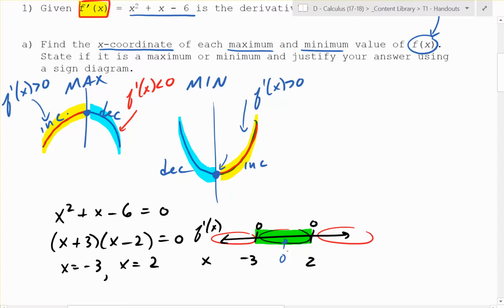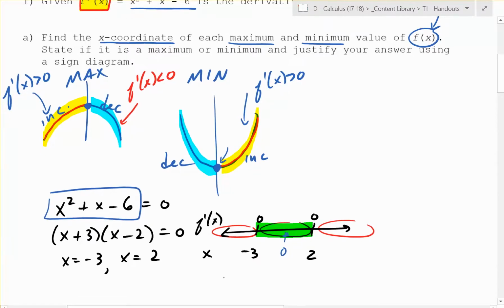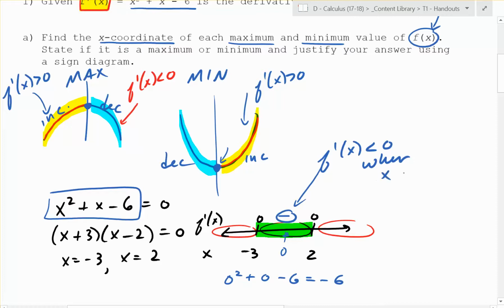If you can test 0, test 0. So plug 0 into the original equation: 0 squared plus 0 minus 6 is equal to negative 6. So this whole area has to be negative. Meaning f prime of x is less than 0 when x is between negative 3 and 2.